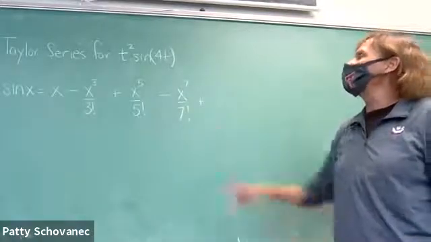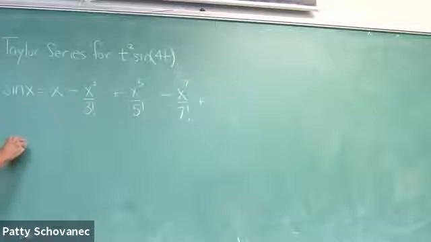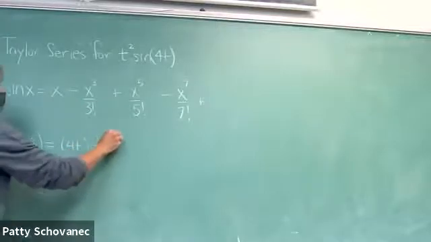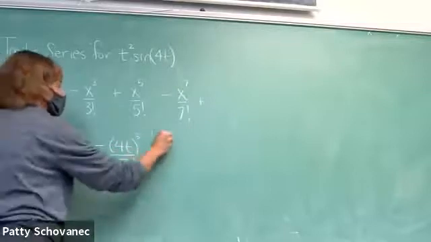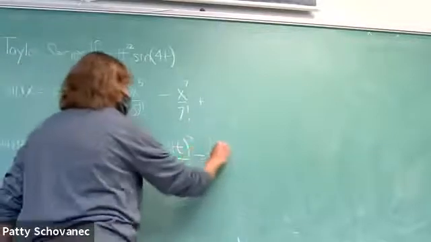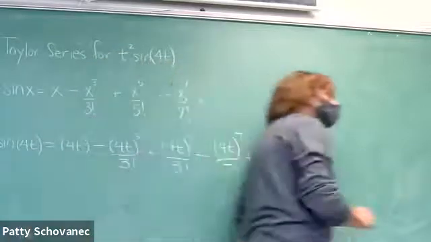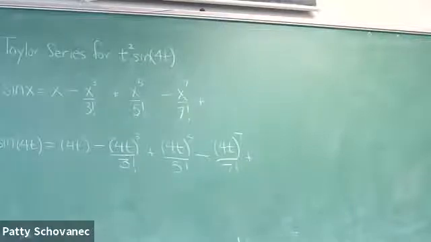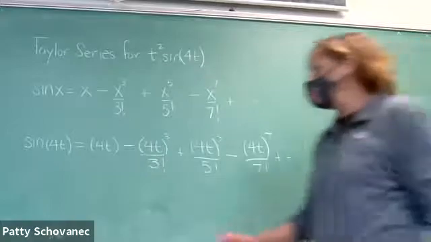Now we're going to replace each x with 4t. There's more, but we're only interested in those first 4. And the final step, multiply it through by t squared.